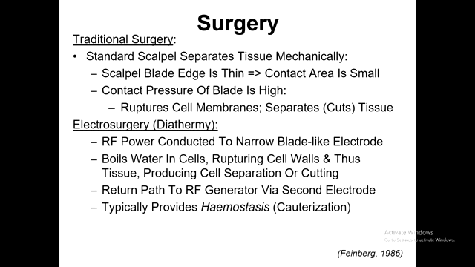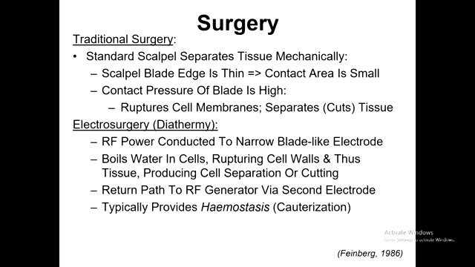So, how does it work? Well, it's a high-frequency generator, and it's a return path through a second electrode that's typically on the buttocks or the back or something like that. And that forms a return path so that the exit for the current is spread over a wide area.